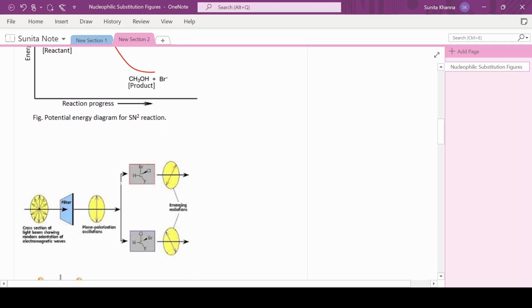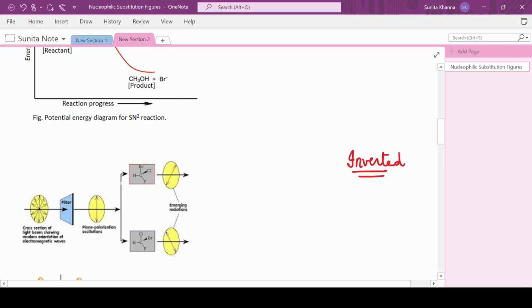Then we come to the stereochemical aspect. Just now we discussed that the attacking nucleophile comes and attaches to the back side of the leaving nucleophilic site, and it results in the product known as the inverted product.